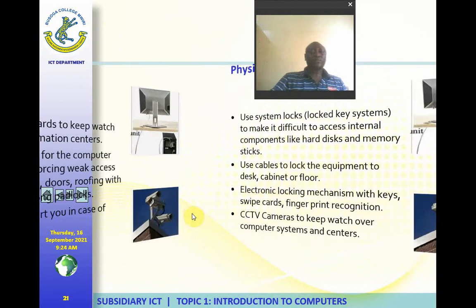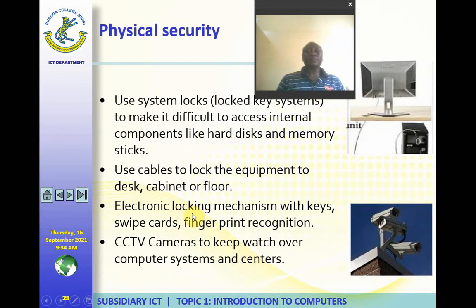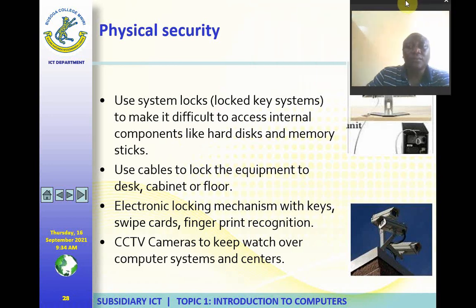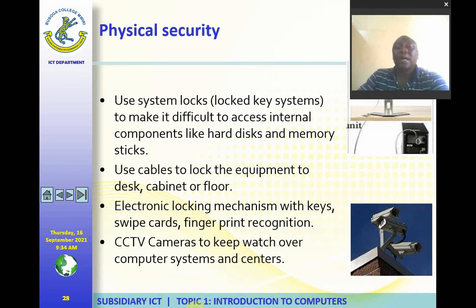Let's continue. Use system locks and locked key systems to make it difficult to access internal components like hard disks and memory. Are we together? I know still people can pick property from the lab, but make it difficult for them to access it.